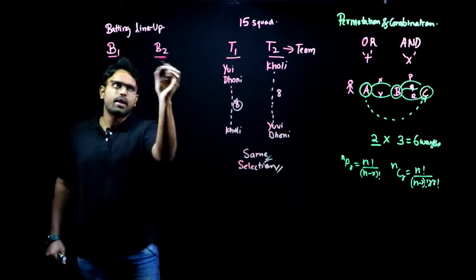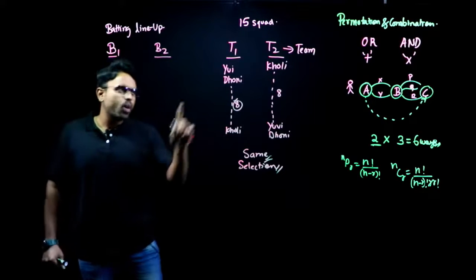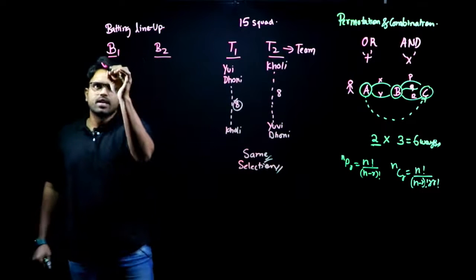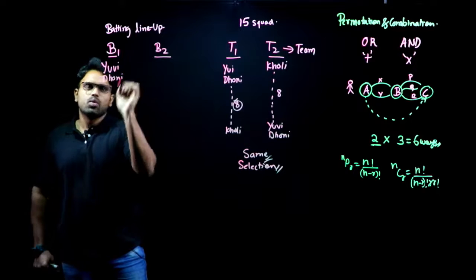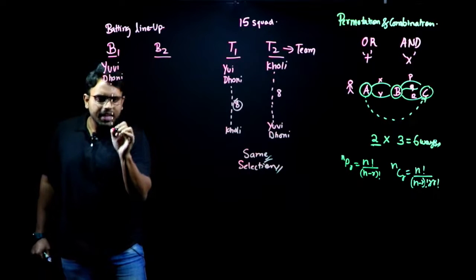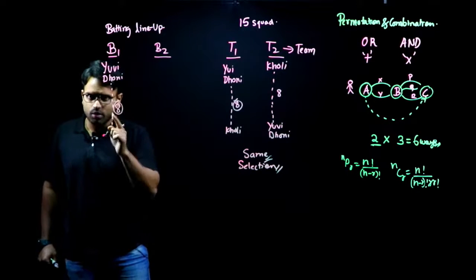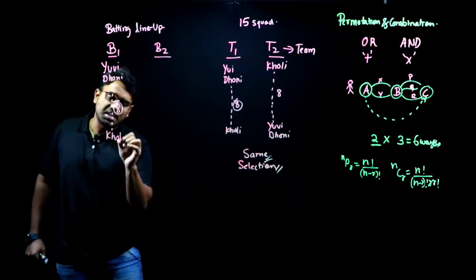Now, let's say there was batting lineup 1 and batting lineup 2. In batting lineup 1, I selected UV and Dhoni as openers, and 8 other fellows, and then Kohli as a tail ender.